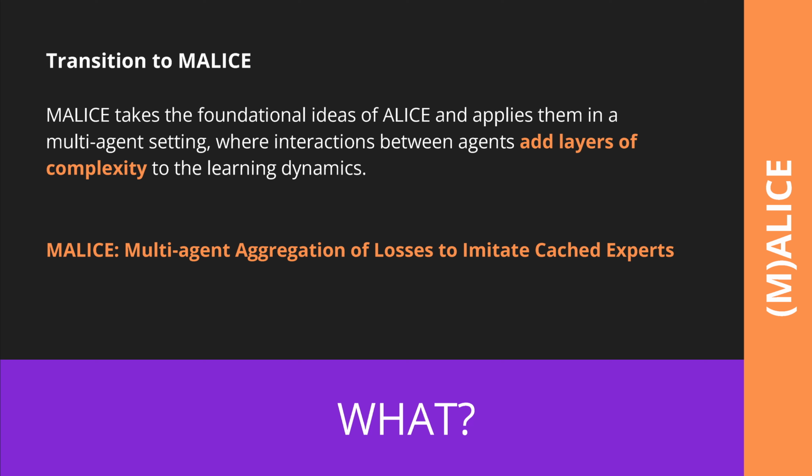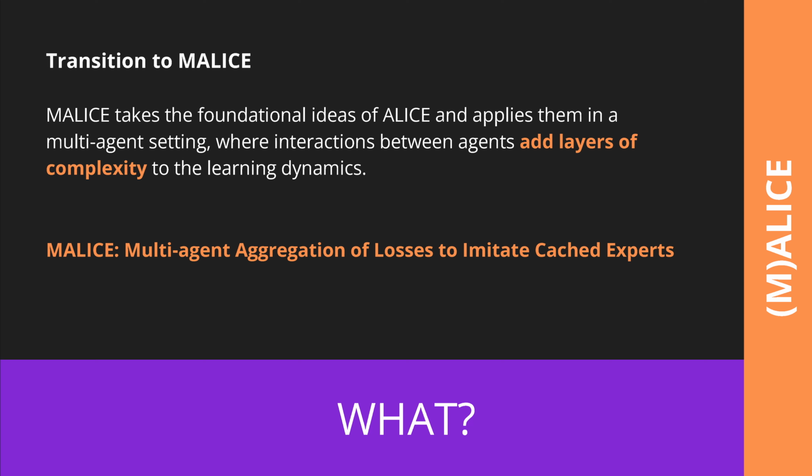MALICE, what does it stand for? Multi-agent aggregation of losses to imitate cached experts. So we are still in imitation learning, but now we take care in our Markov game framework of multi-agent interaction, that are stochastic game elements. So you might say, what? We add more complexity?